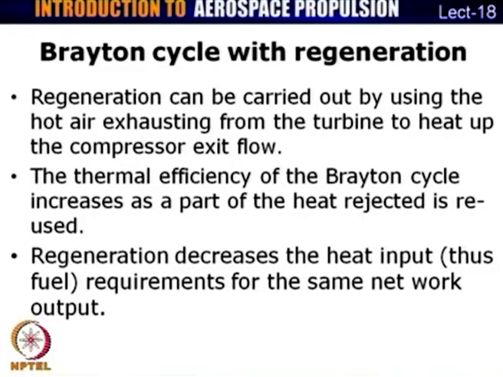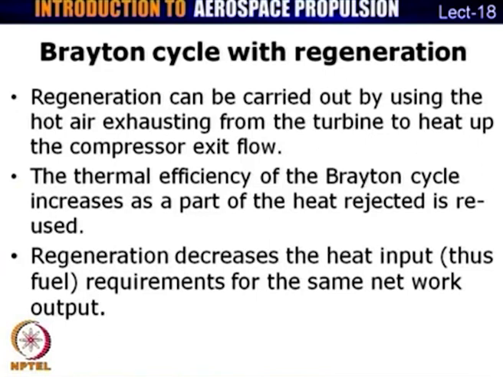That is, you are increasing the net work output by reusing part of the heat which is otherwise getting rejected or wasted, which means that regeneration in some sense decreases the heat input and therefore the fuel requirements for the same net work output, because for generating the same net work output you are using less fuel, since you are using part of the heat which is getting exhausted in some part of the cycle.